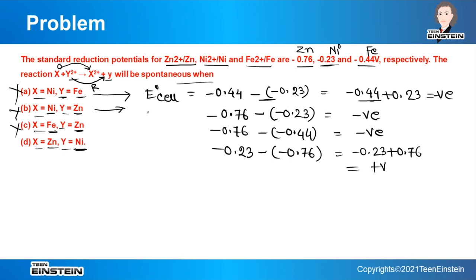This is positive, which is clear from this expression, right? So the correct option will be D. The reaction is Zn plus Ni2+ giving Zn2+ and nickel, with nickel reduced. So this reaction is possible. Option D is the correct option. In this way we can predict in which case there will be a spontaneous reaction. It is the last reaction.